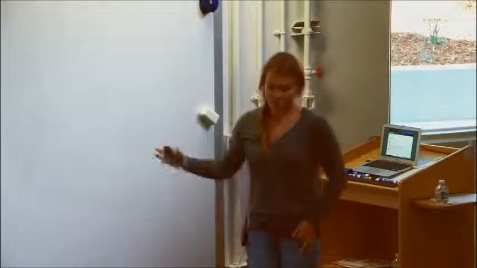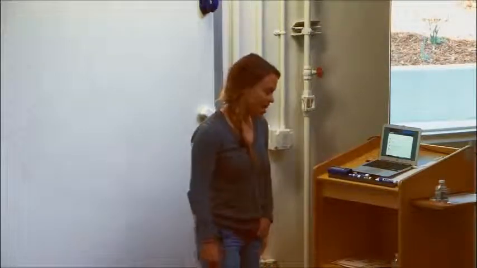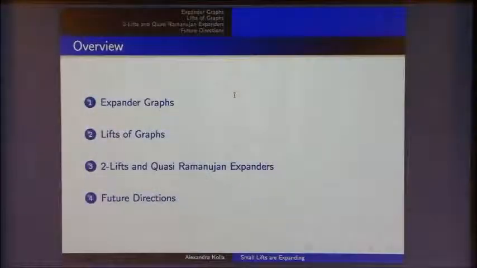Okay, so this talk is about expander graphs, and the general layout of the talk would be as follows. First, I'm going to tell you a little bit what expander graphs are. Probably you all already know, but I'll give you the point of view of myself and the field. Then lifts of graphs. What are lifts of graphs?